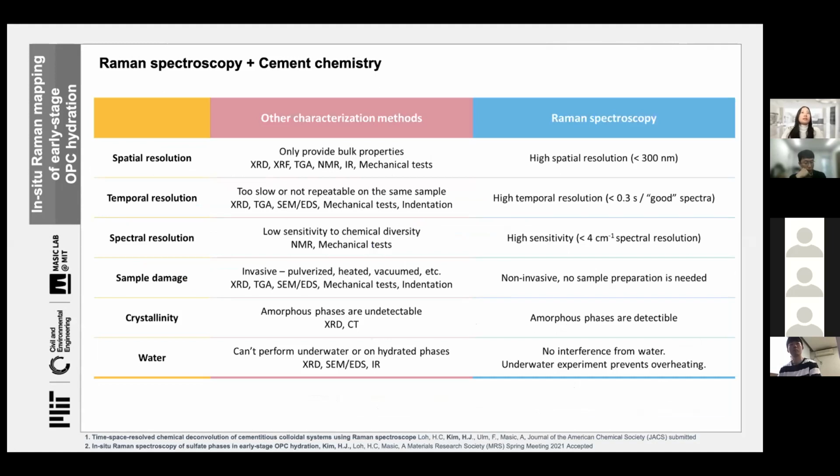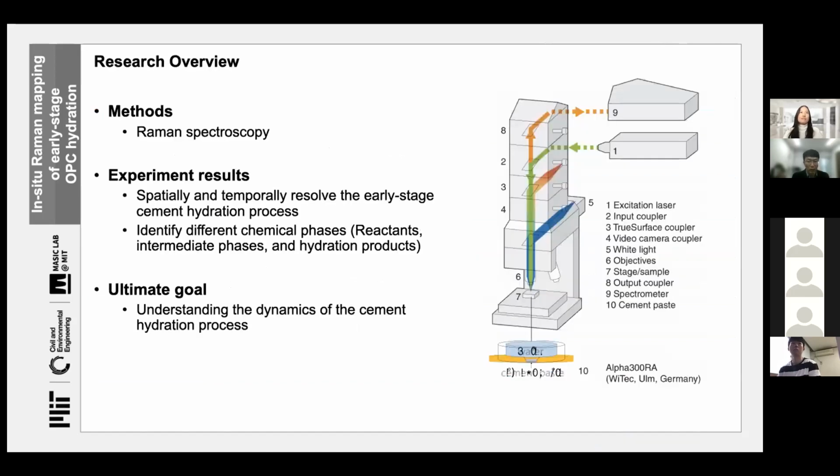However, those analysis methods are invasive and samples are damaged by the sample preparation processes, such as crushing, heating, vacuuming, etc. The non-invasive method of Raman spectroscopy can overcome these disadvantages. Therefore, Raman spectroscopy is optimal for tracking the early stage of cement paste transformation.